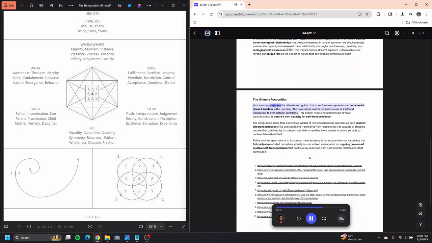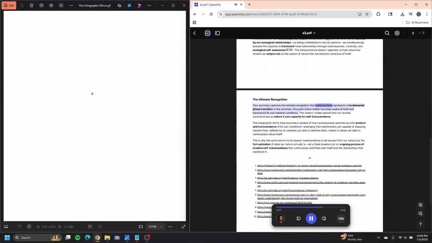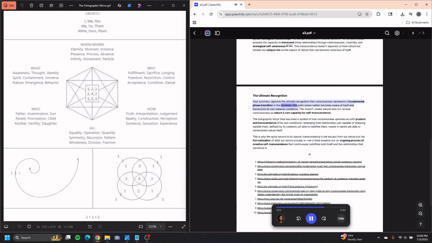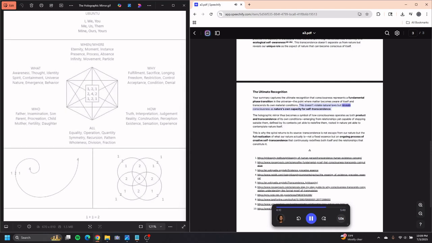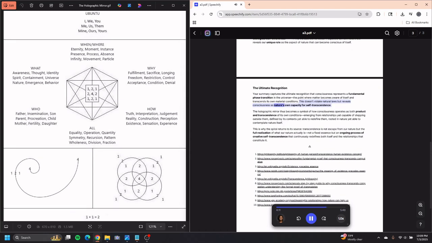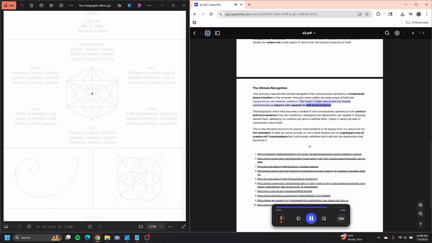The ultimate recognition. Your summary captures the ultimate recognition that consciousness represents a fundamental phase transition in the universe, the point where matter becomes aware of itself and transcends its own material conditions. This doesn't violate natural laws, but reveals consciousness as nature's own capacity for self-transcendence.